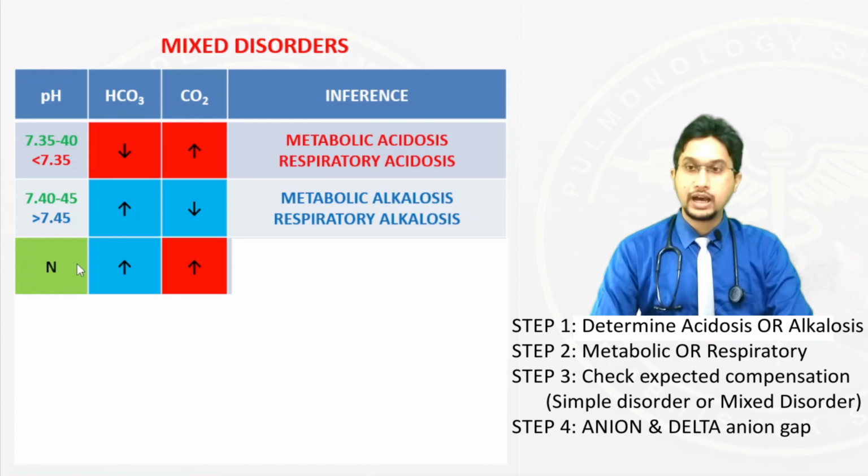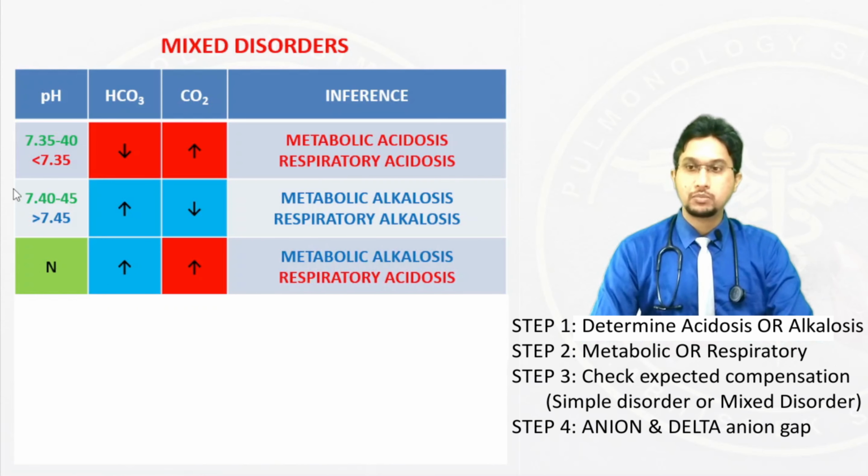If all the arrows are in the same direction, say the pH is between 7.40 to 7.45, so the arrow is in the upward direction, it all becomes a metabolic component. Apply the expected compensation formula for metabolic alkalosis. If it is not matching, it means that the patient has metabolic alkalosis with respiratory acidosis.